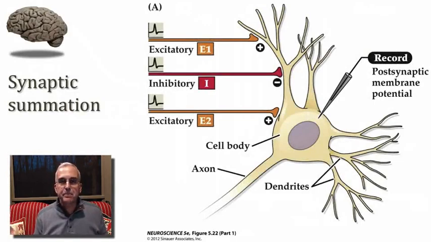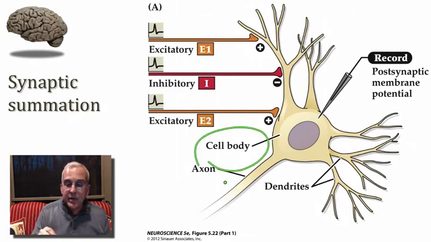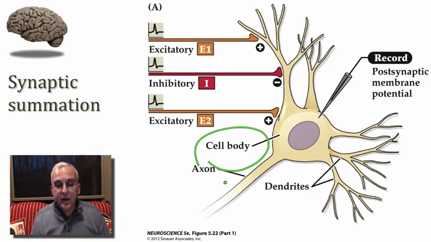All right, now I'd like to switch gears just a little bit and talk about the integration of both excitatory postsynaptic potentials and inhibitory postsynaptic potentials. In figure 5.22, we see a very simplified representation of what we find in the brain. We have a postsynaptic neuron that's receiving a number of inputs.